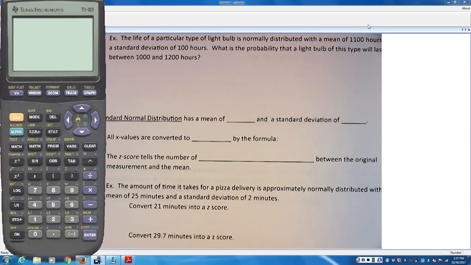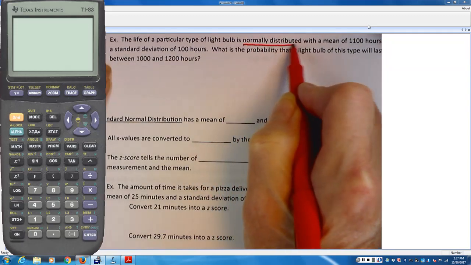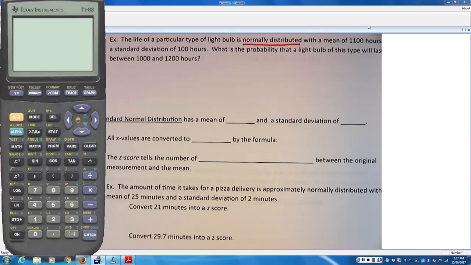Now, what you're going to want to do, and you're not going to be very good at this at first, I promise you're not, but you will get better, and on top of that, I will put a sheet of normal curves you can print out so that you don't have to draw them, you can just label them. But what this is telling us when it says normally distributed, it means that those light bulb lifetimes fit on a normal curve.